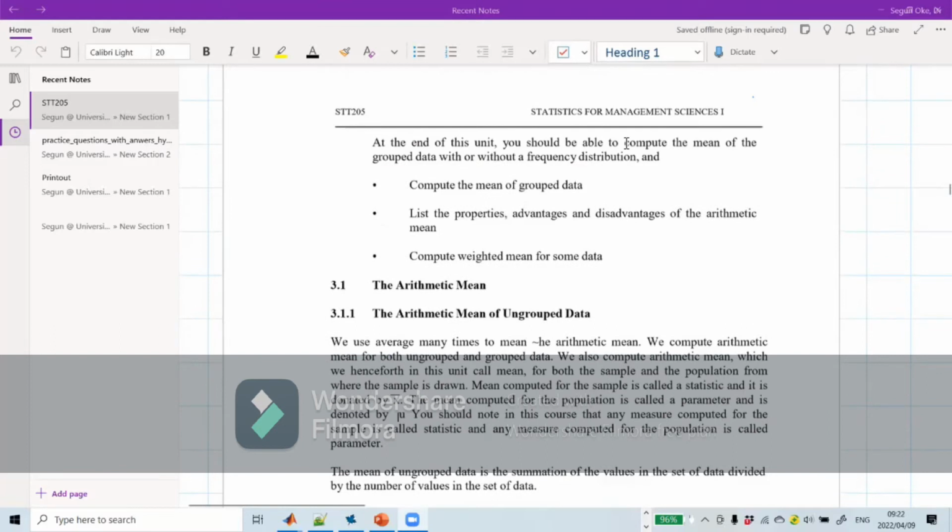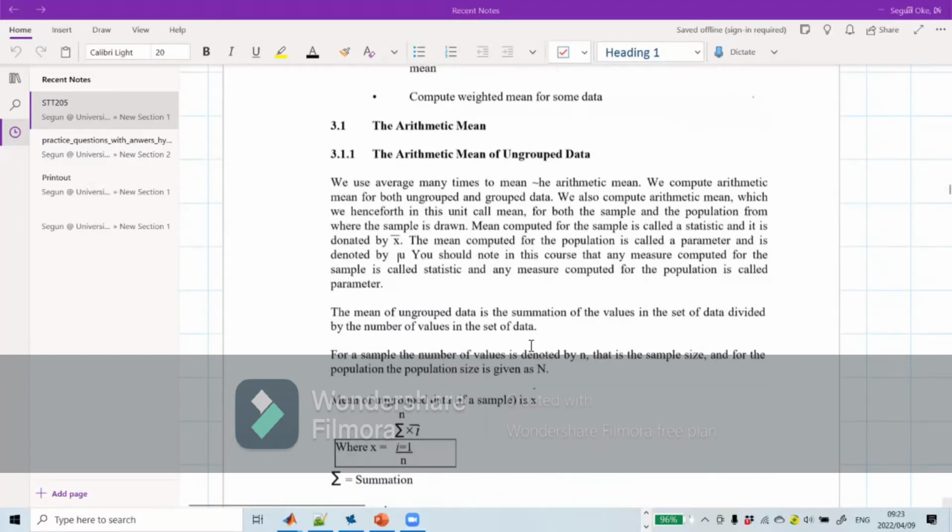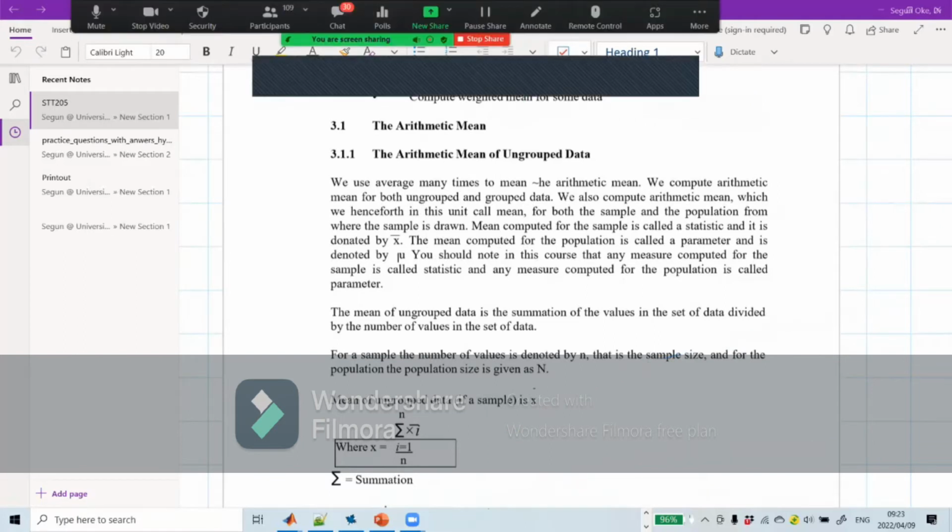If it's blurry, meaning it's from your side. So there we have arithmetic mean of one group. And I hope we are recording, right? Yes, recording is in progress. Okay, thank you.